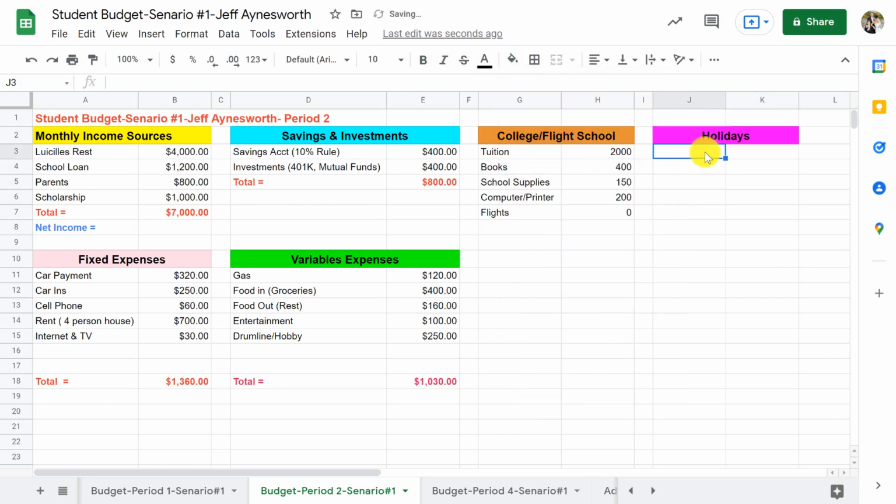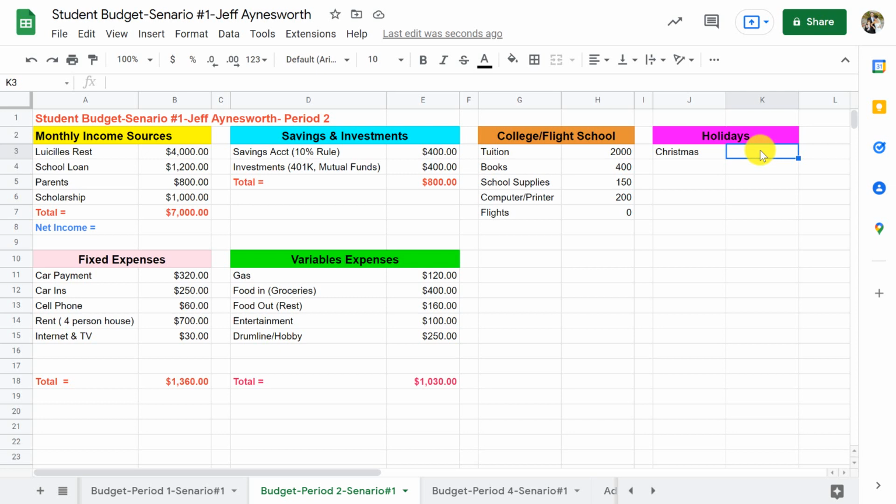What is probably the most expensive holiday during the year? For me, it's at least $1,000 or more because I'm a father. Let's type in Christmas here. You have to reflect back on last Christmas and what you spent. That's going to be different for everybody, but put in a number that makes sense for you based upon last Christmas.